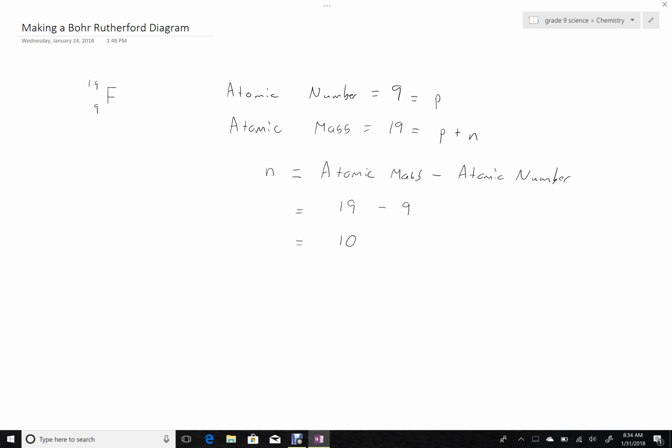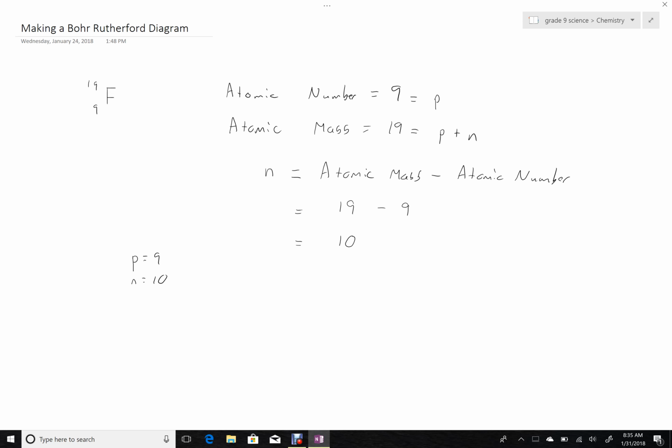Okay, with that in hand, we've got the number of protons and the number of neutrons. Protons are 9, neutrons are 10. So for our Bohr model, we put those two things in the middle. Protons 9, neutrons 10, sitting in the middle. And then I have to put in my electrons.